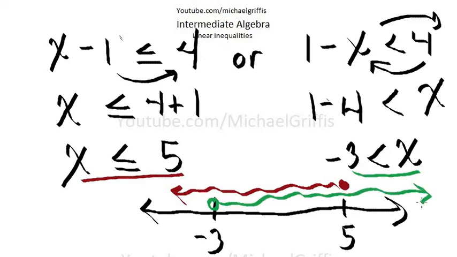Remember, that's the word we're working with, or. That means that we can pick a number that's either in this interval or this interval that makes the statement true.